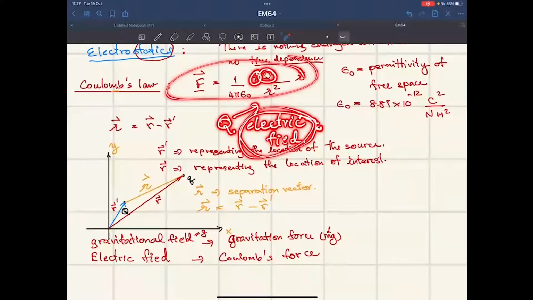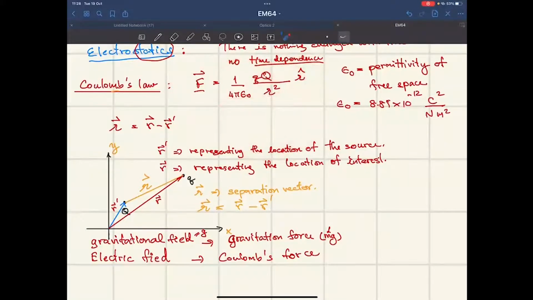Otherwise, you won't see that there is an electric field in that space. You need a test charge here. You need another charge to be able to feel it. If you don't have a charge, it seems like there's no field in that space. Can you see the concept of the electric field here?